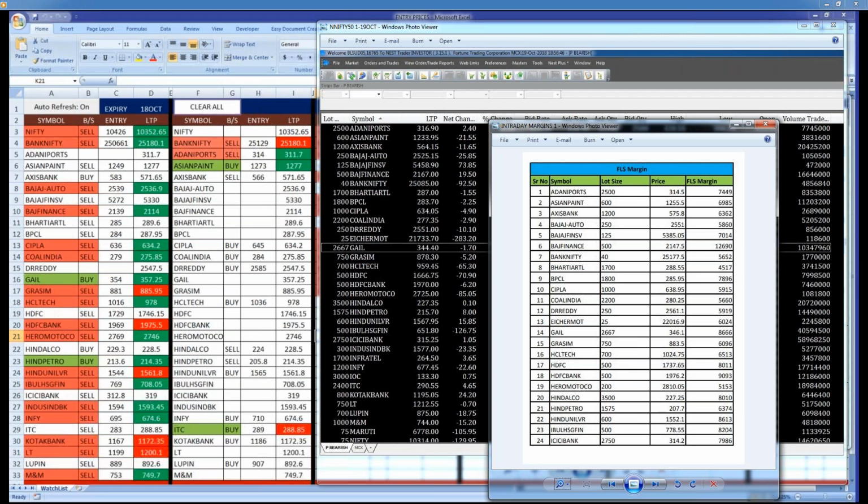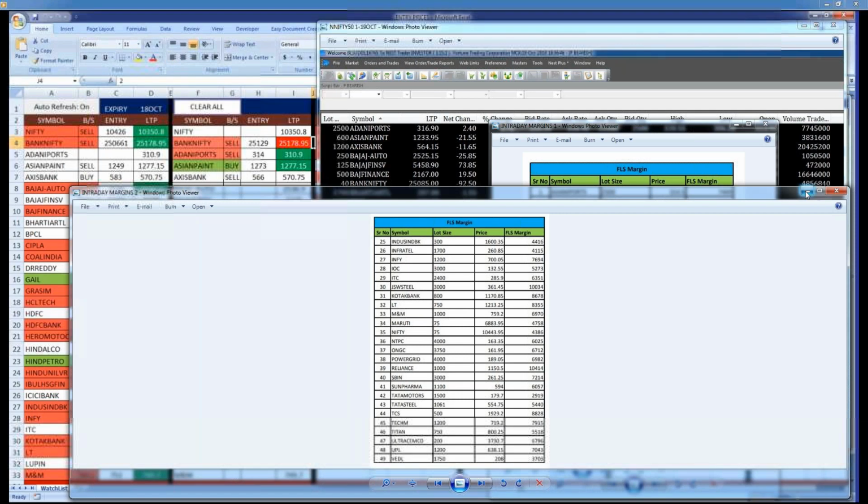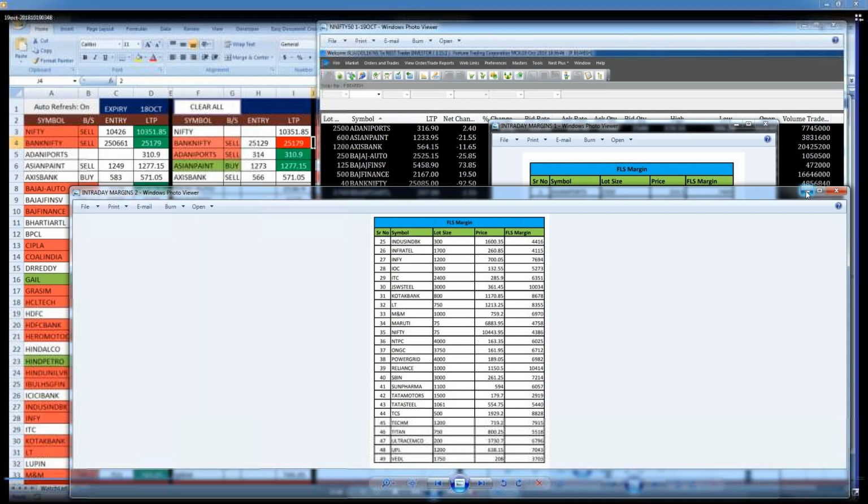My margin on Kotak is 8,600 rupees, and I made roughly around 11,000 rupees, 11 or 12,000 rupees also. And that is 100% profit, more than 100% profit.